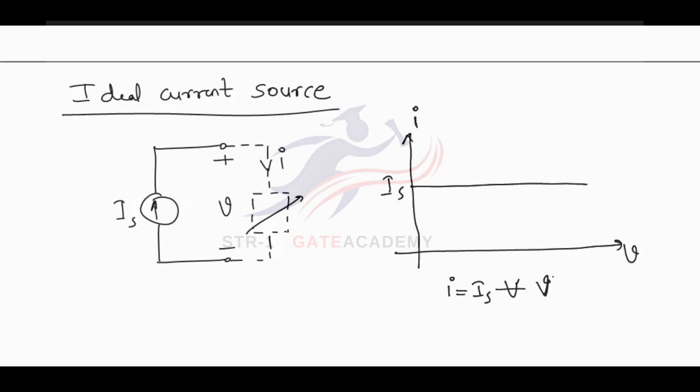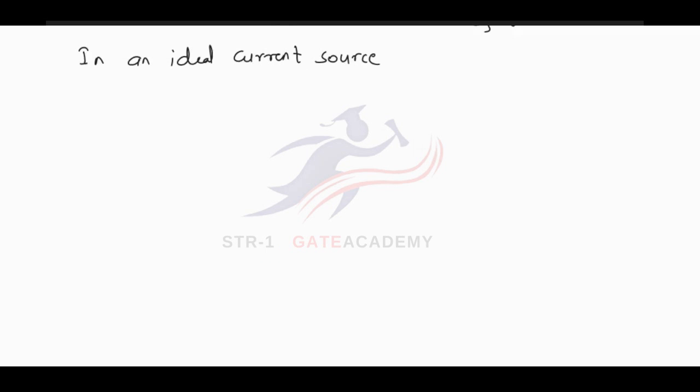So we can say that in an ideal current source, the load current is independent of the load voltage.